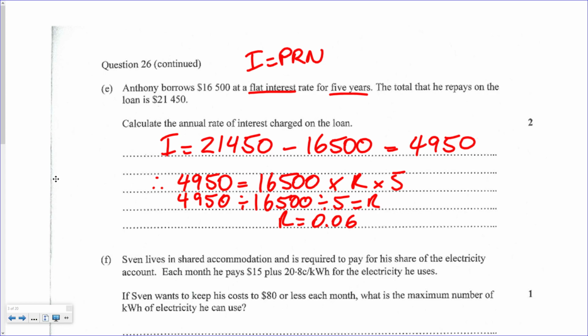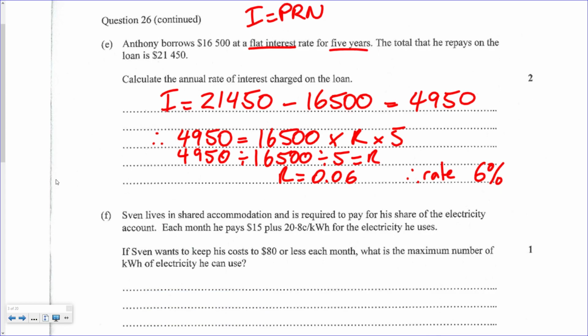If your decimal is 0.06, therefore the rate would be 6%, because percentage is per 100, so 6 divided by 100 is 0.06. So you just don't want to make a mistake there. You don't need to do that last conversion to a percentage because it doesn't say it needs to be a percentage. So if you just left it as 0.06, that would be fine, or 6 over 100.